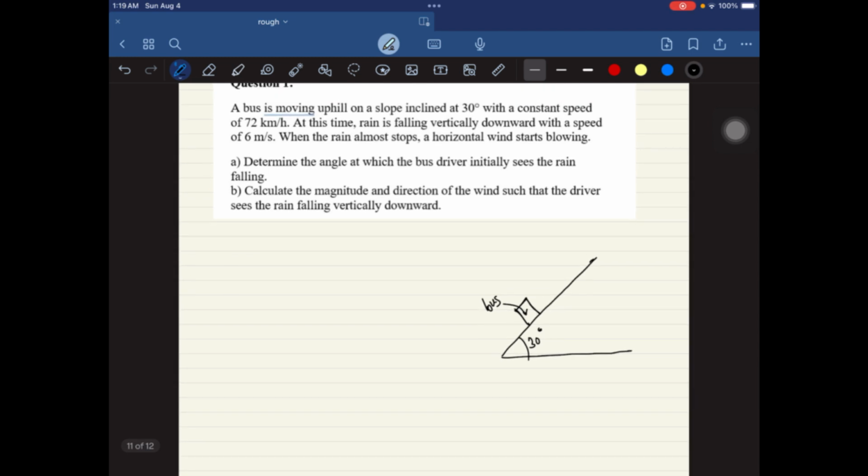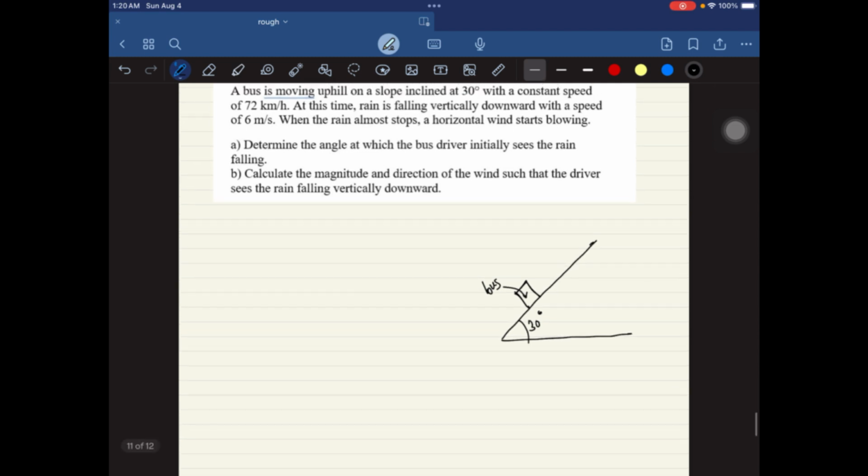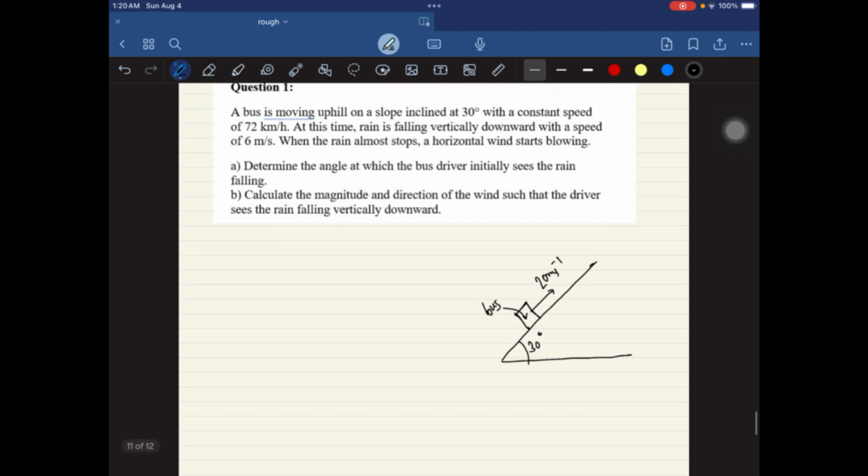We first need to convert 72 km per hour and 6 meters per second. 72 km per hour divided by 3.6 is 20 meters per second. So the bus is moving at 20 meters per second on a slope inclined at 30 degrees with a constant speed.